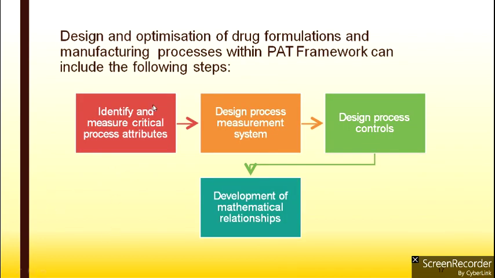So here is a design optimization of the full framework. You identify what is critical, you put in place the system you want, and you identify the control process you want. You will develop a mathematical relationship, like how a particular process is affecting the final product. So you will be developing a relationship between the particular risk factor and the particular processes.